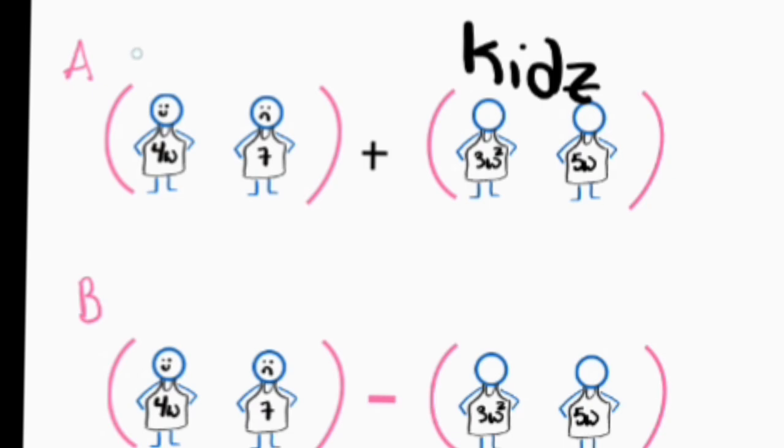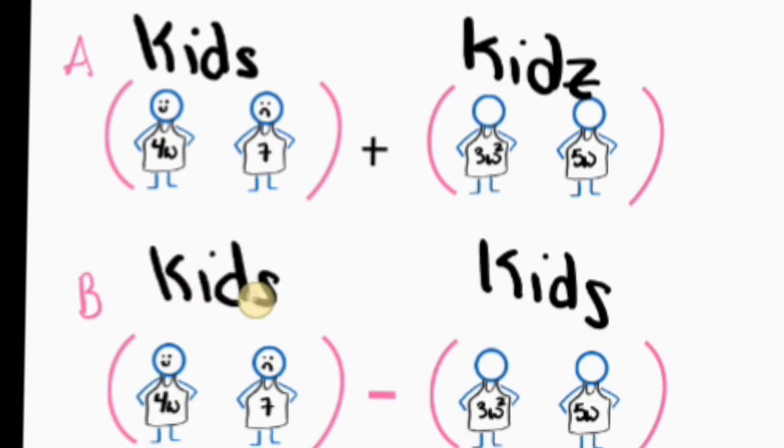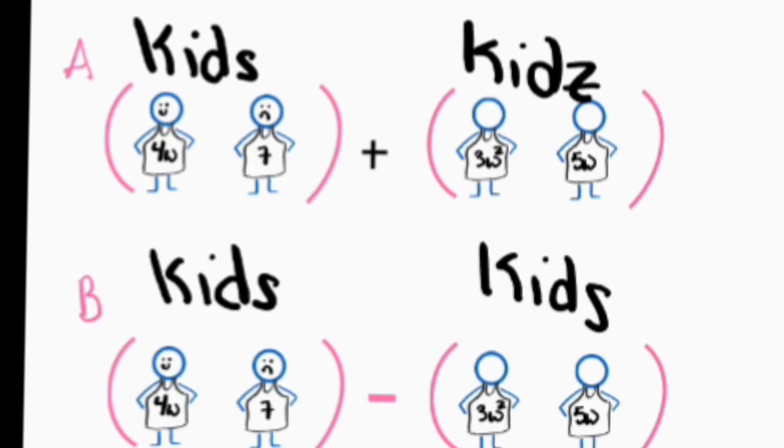These are kids, and these are kids, for A. For B, these are kids, and these are kids. And for C, the group to the right.